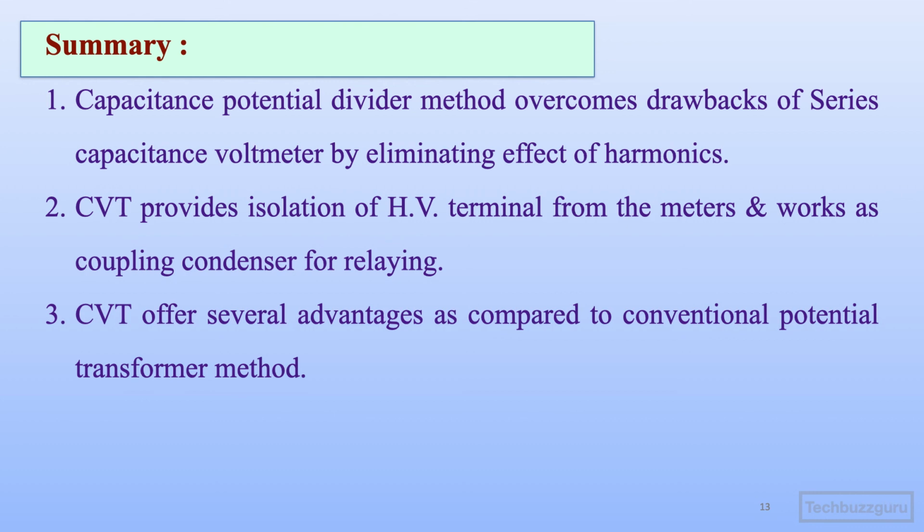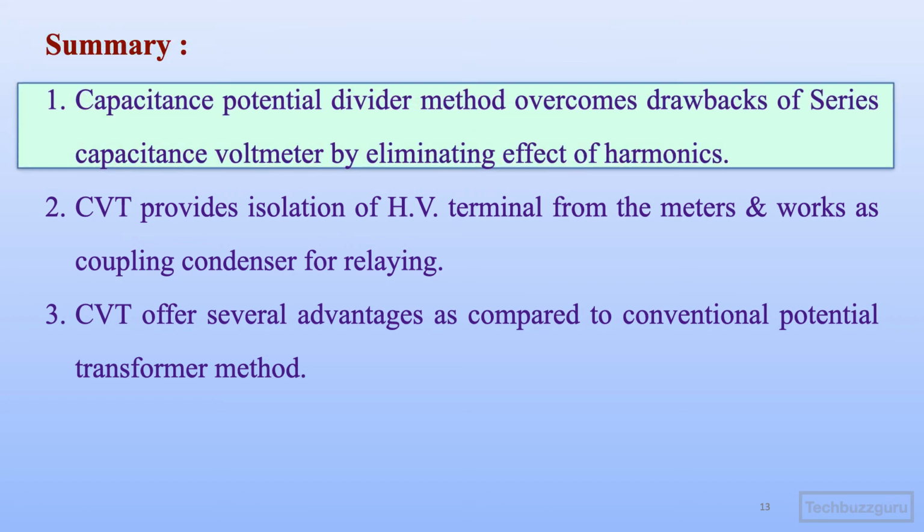So with this we come to the end of this particular video, and let us now summarize what we have learnt. First and foremost, the capacitance potential transformer method was studied at an earlier stage. This method overcomes the drawback of the series capacitance voltmeter by eliminating the effect of harmonics.